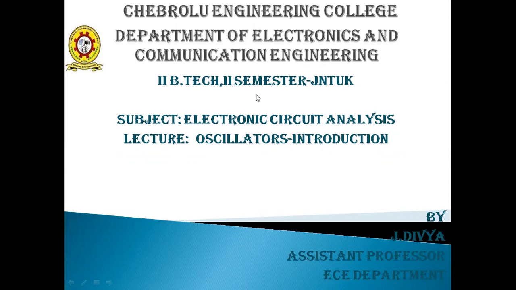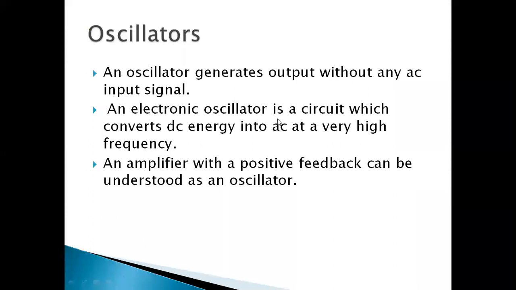First of all, what is meant by oscillator? The definition of an oscillator: it is an electronic circuit which converts a DC signal into a signal at a very high frequency, or an oscillator generates the output without any AC input signal.